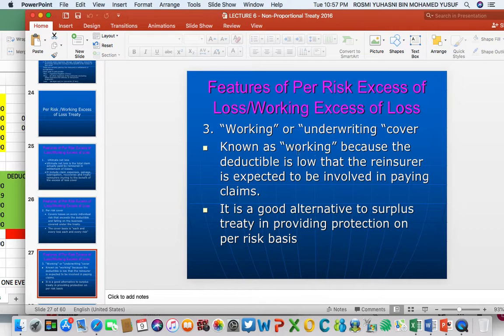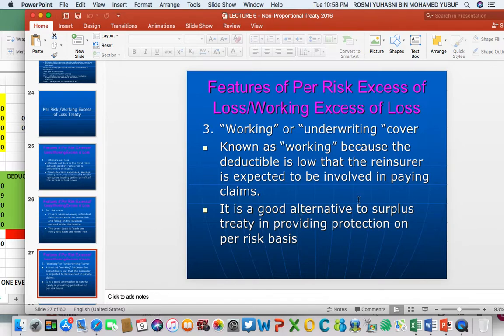Because the amount of deductible is very low, the reinsurer is expected to be involved in paying claims. For each and every claim, if the deductible level is very low, you can expect that the claim will hit the cover. So that is why it is called working, because the layer is working to pay the claim.